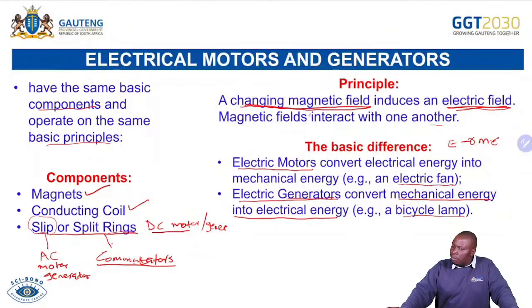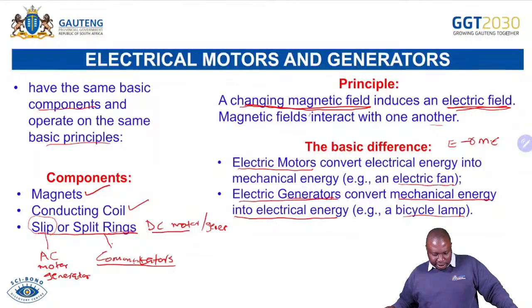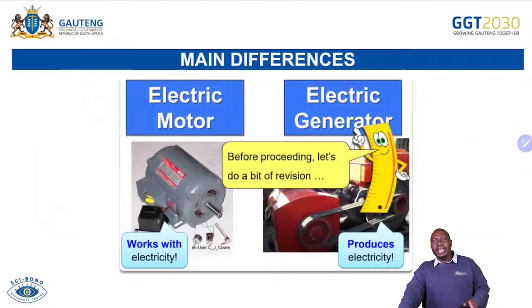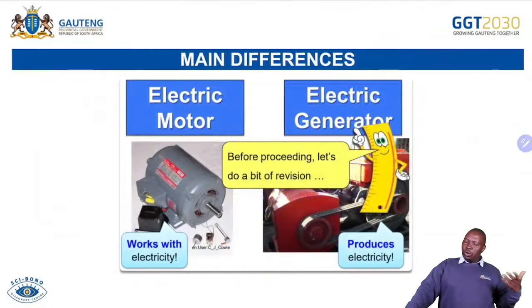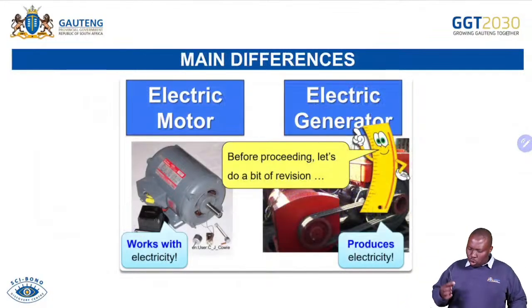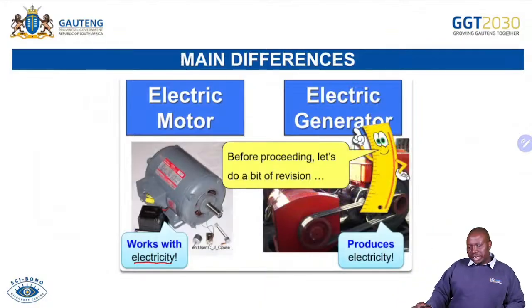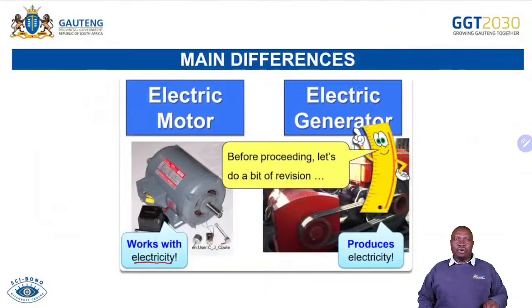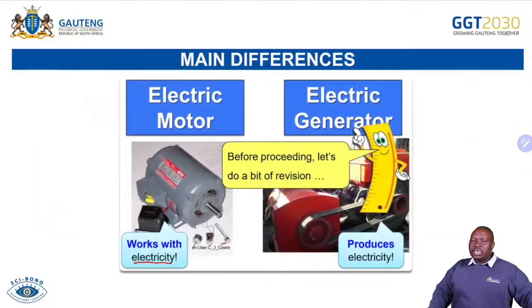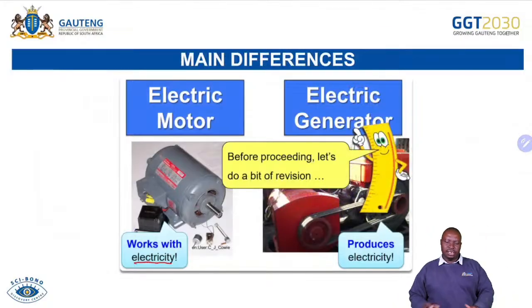I hope you are moving and enjoying the lesson as I'm doing. Now, what are the main differences between these? Already I told you that the motor uses electricity because it converts electrical energy to mechanical energy. But a generator converts mechanical energy to electrical energy.